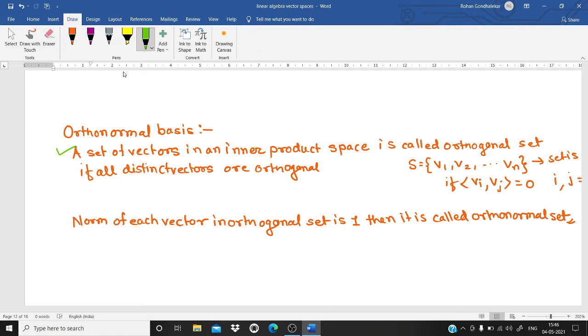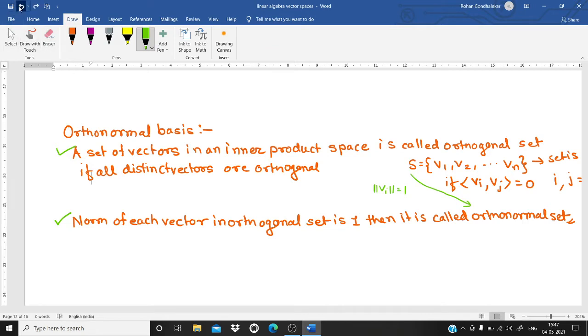That means the inner product of Vi with Vj should be 0. The second definition: if S is an orthogonal set and the norm of each vector is 1, then we say that S is an orthonormal set. Are you clear with that?